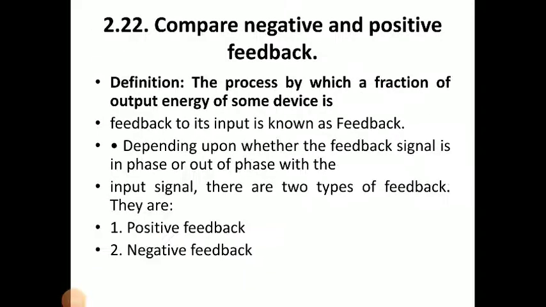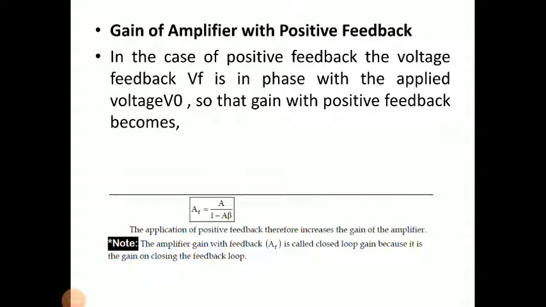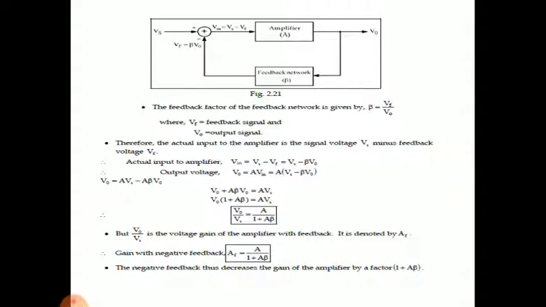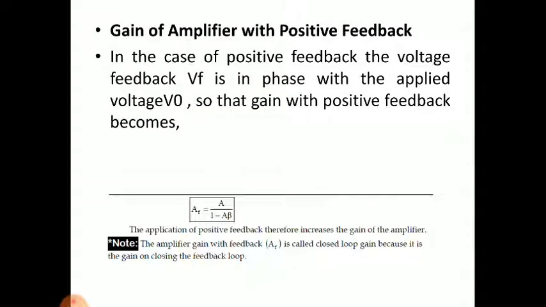We have seen the gain of the amplifier with negative feedback. Now we have to see it with positive feedback. In the case of positive feedback, the feedback voltage Vf is in phase with the applied voltage. In negative feedback, the output of the mixer network is Vs minus Vf, that is out of phase.